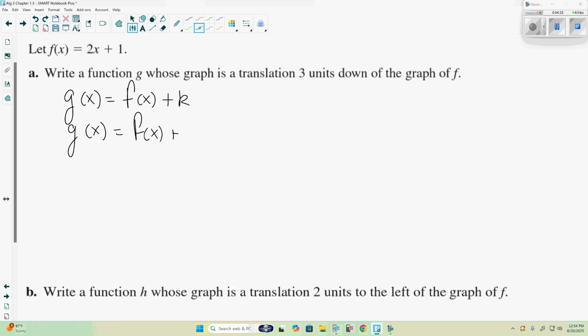Well, k is what? 3 units down, so k would be negative 3. Yes? Do we normally write plus negative 3? No, we just say what? We normally just say minus 3, yes? So we're moving it down 3. We are subtracting 3 from our y values.